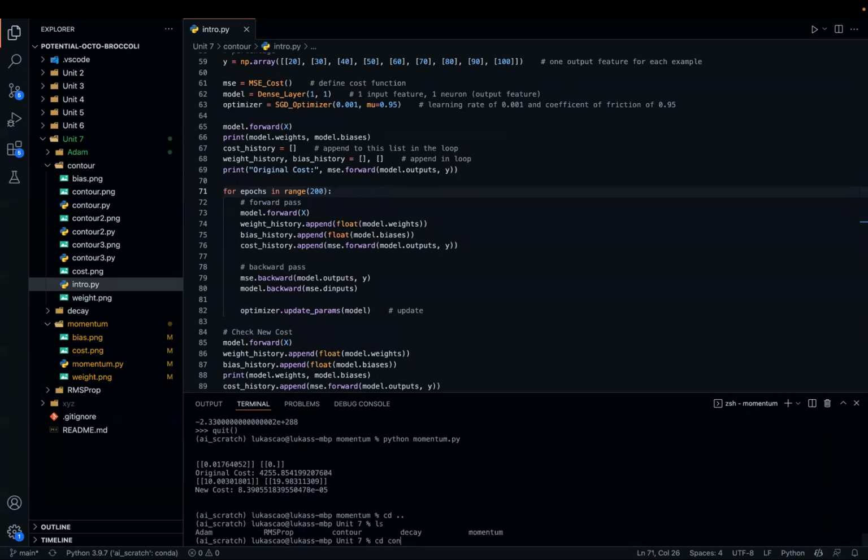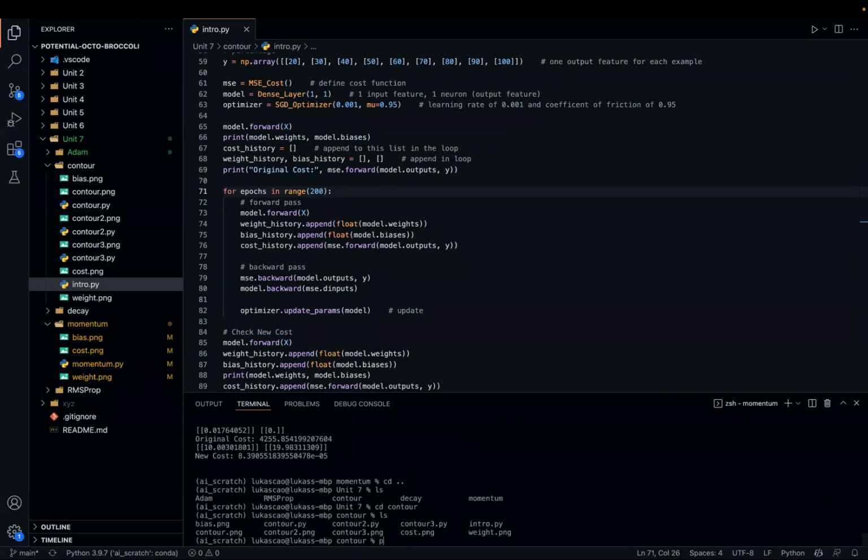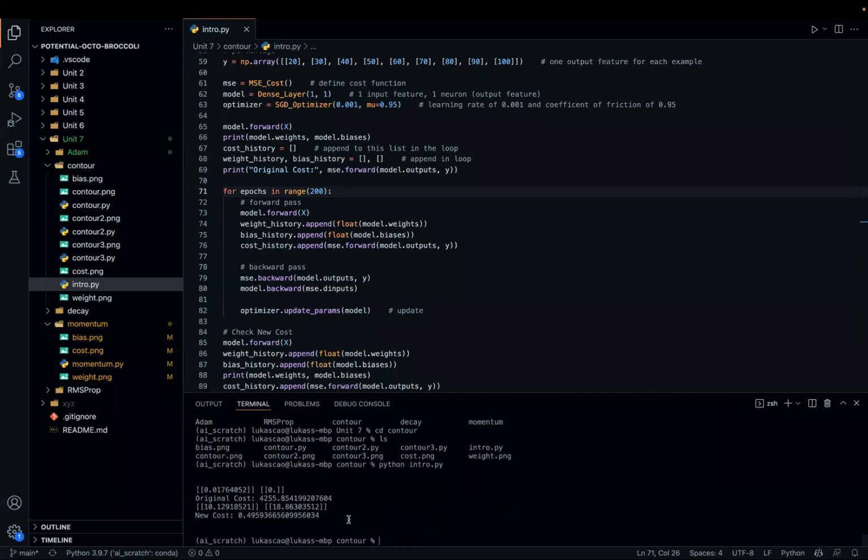Okay, so what happens is that in 200 epochs, which is 200 updates to the weights and the biases, our weight is technically 10, but our bias is really close to 20. It's pretty much there. And then your cost is like 0.5 now.